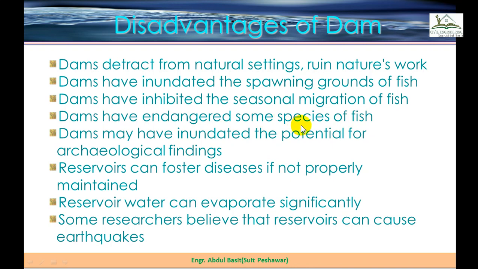Dams may deplete some species of fishes which are unable to move across the dam structures or the fish ladders. So those species will be destroyed, and we have lost many species of fishes due to dam constructions in Pakistan and all over the world.